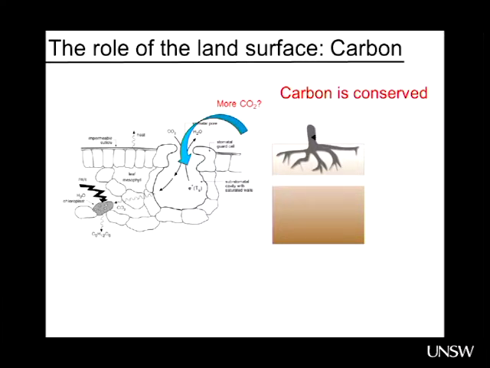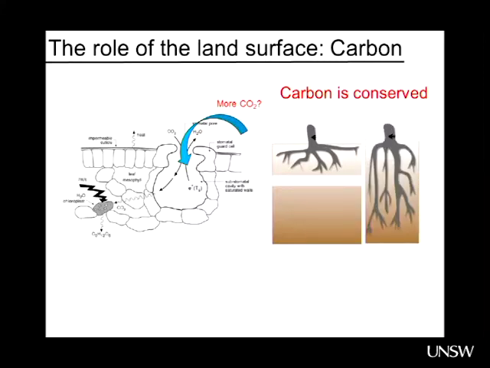I've been able to take up a bit more carbon. I'm going to use and allocate that carbon to grow deeper roots. As an evolutionary strategy to beat my competitors, I'm going to put my roots down a bit deeper so I can cope with the next El Nino that comes along better than that other tree next to me.